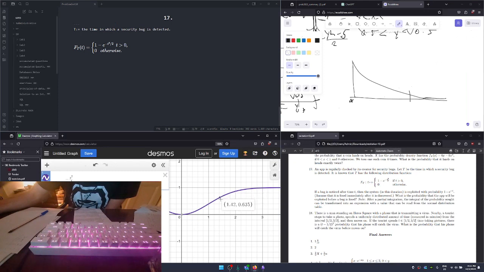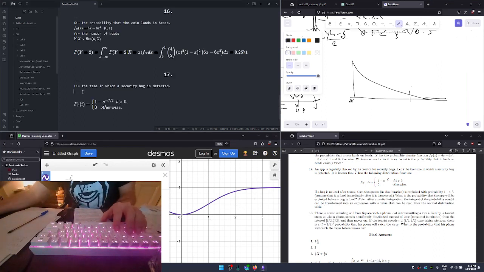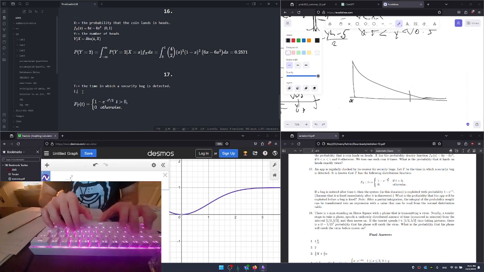The probability of detecting the bug at, for example, the first hour is 0.4, right? And between time 0 and 1, the probability of an exploitation happening is 1 minus e to the minus t. The probability of exploitation is fixed.